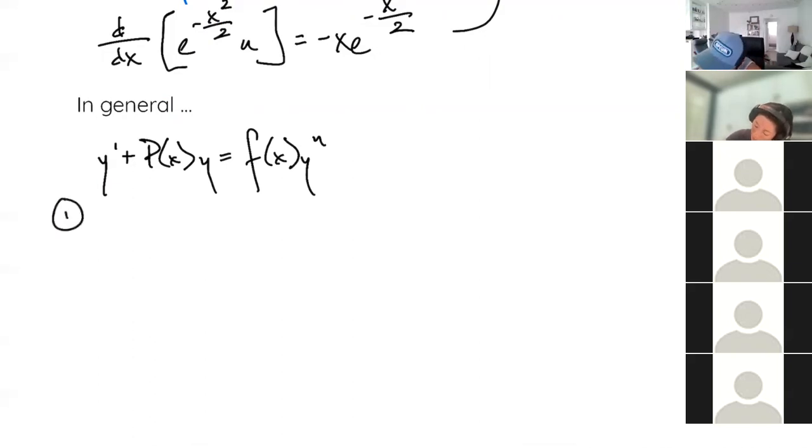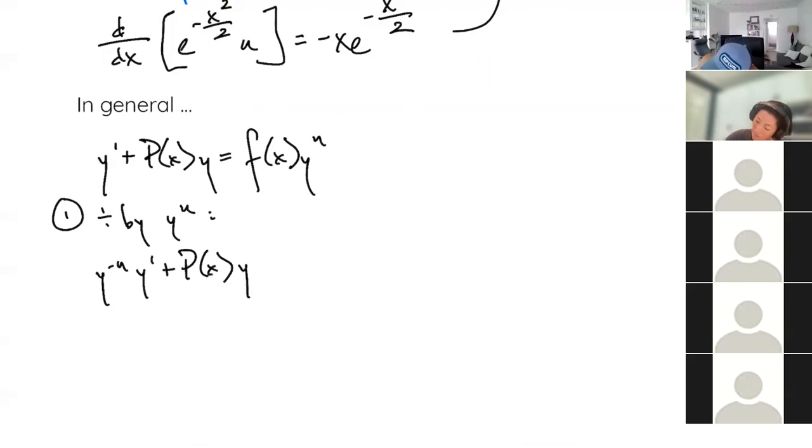So our first step will always be to divide by y to the n. That gives us y to the negative n y prime plus p of x y to the 1 minus n, because y divided by y to the n means I can combine exponents: power on top is 1, power on the bottom is n, so we get 1 minus n. And that equals just f of x.